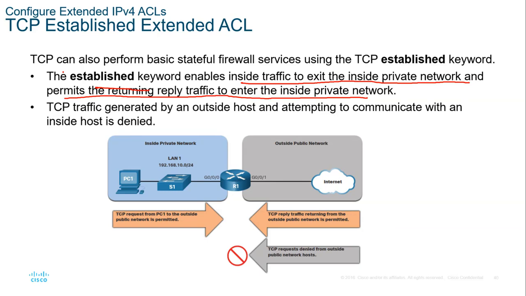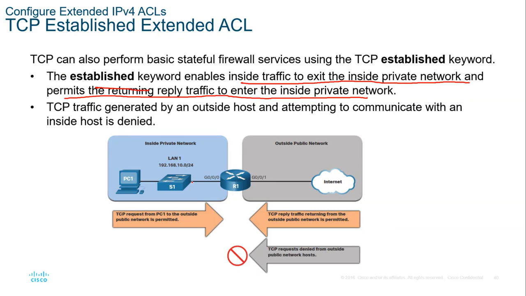If there is a request generated from the internal network, then the connection is established between the internal network and the external network. But a connection cannot be initiated by an external device. That can't happen.